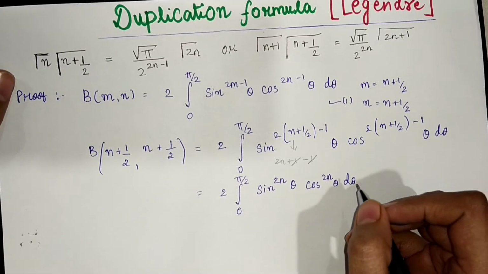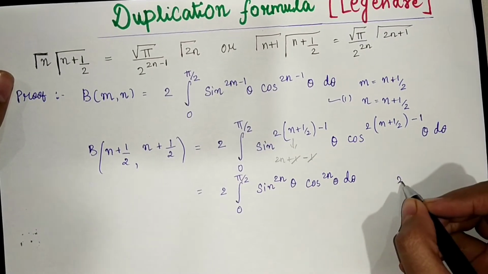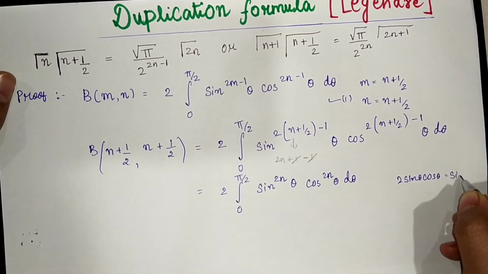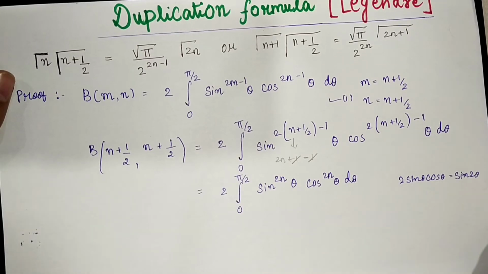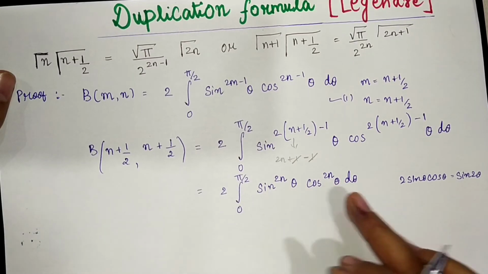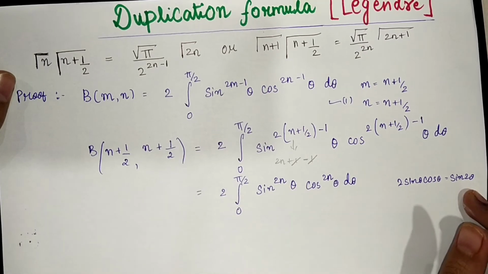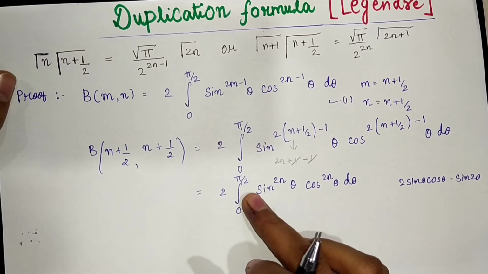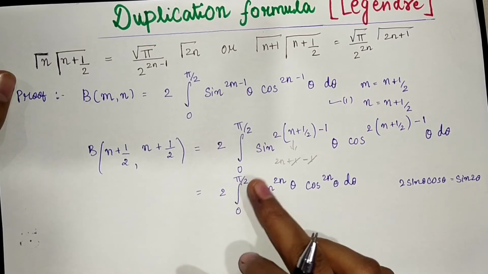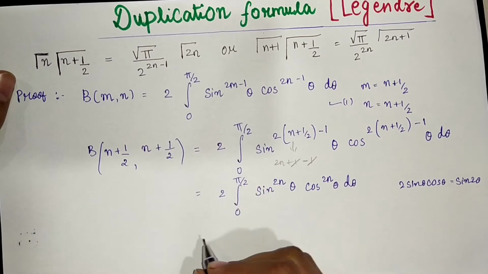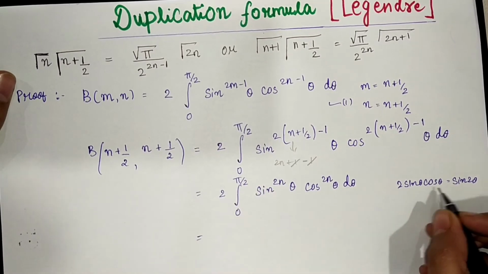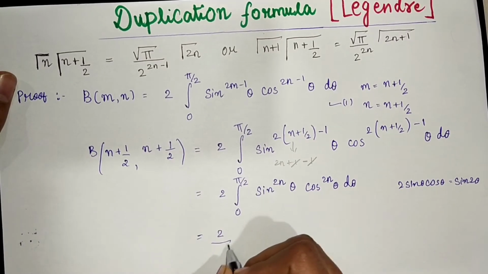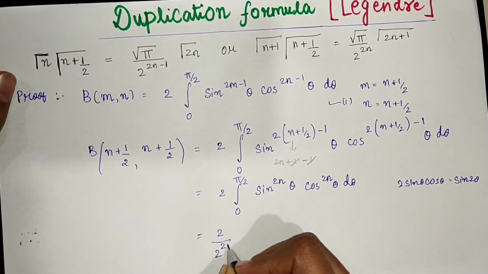Okay, but we all know the formula that 2 sine theta into cos theta is equal to sine 2 theta. So in place of sine theta and cos theta, if we want to write sine 2 theta, but here 2 is not there, so we will multiply and divide this equation by 2 raised to 2n. Then we can substitute this value.